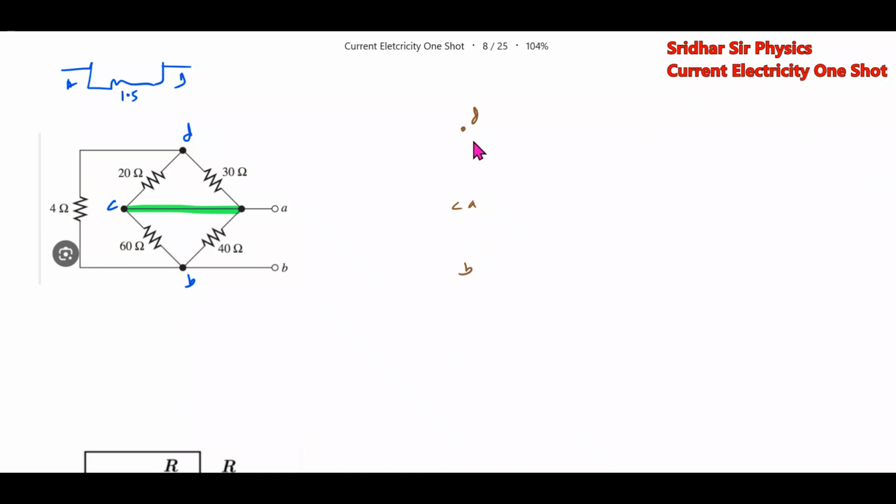Between D and CA, we have one resistor. Between D and A, we have another resistor. Between C and B, this is a resistor.